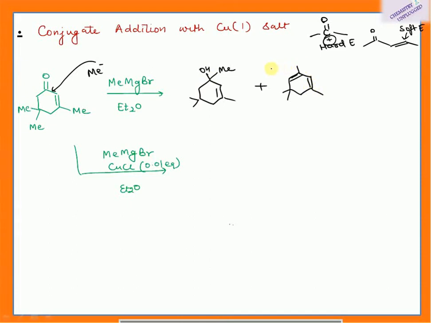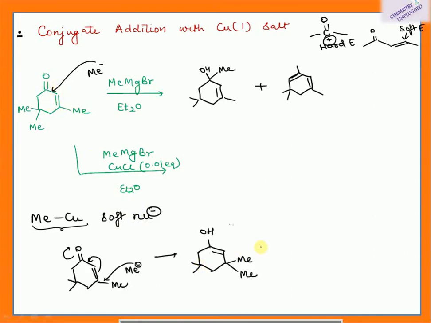But if we are using cuprous chloride, 0.01 equivalent, with the Grignard reagent, then it will combine with this Me- to form methyl cuprate. So it will act as a soft nucleophile, and this soft nucleophile will actively attack this double bond, and then it will show conjugate addition. So the reaction will be like this.